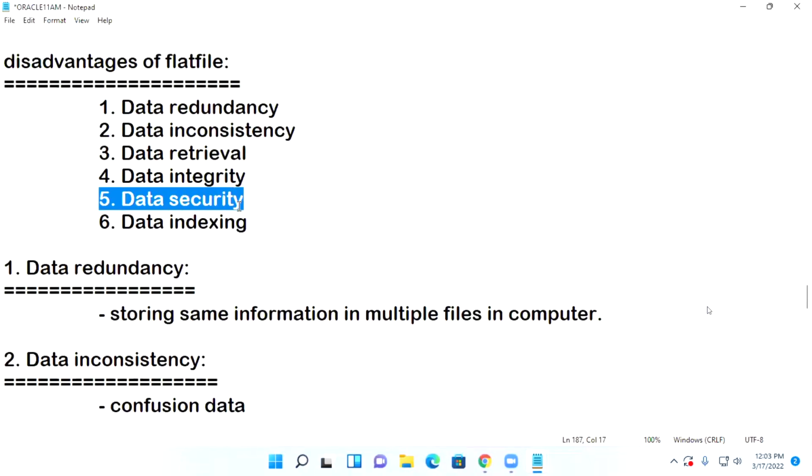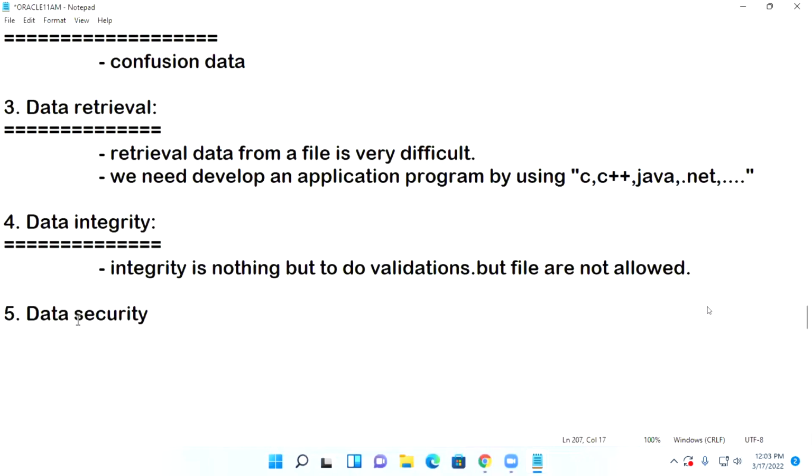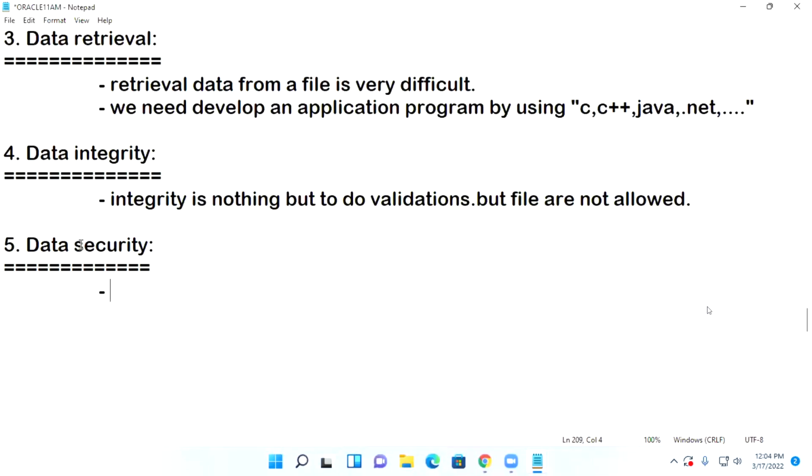And the next one is data security. In my running notes I gave only shortcut statements, but in your main material you have clear definitions. Security means giving protection and prevention. Now, in flat files, if I store any confidential data, is it secured?